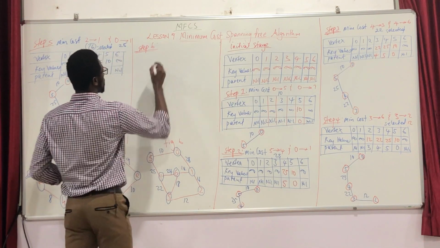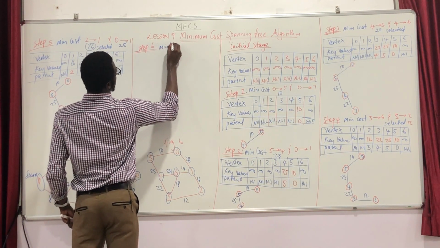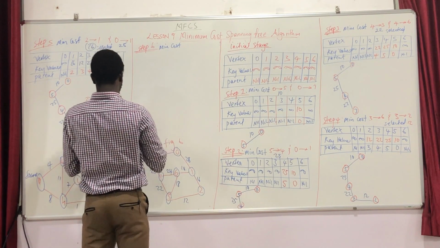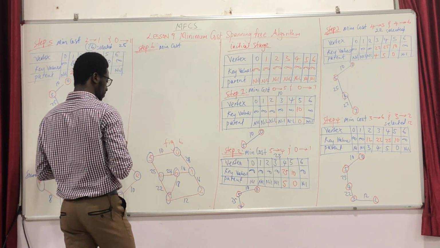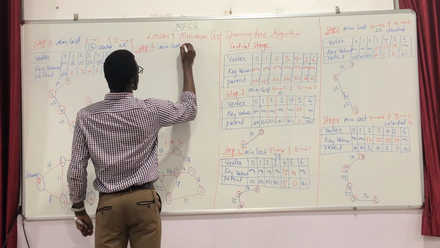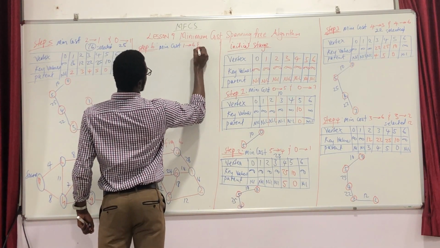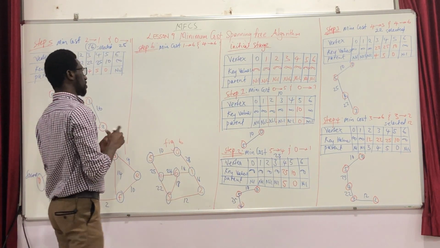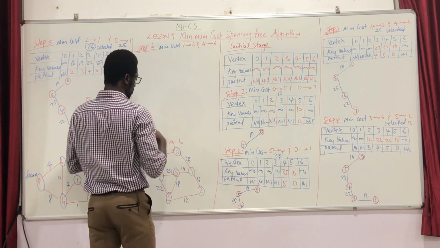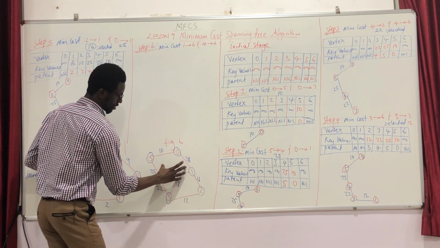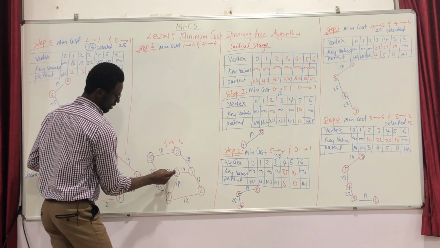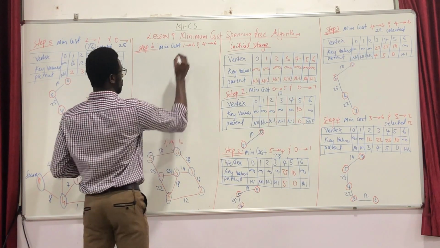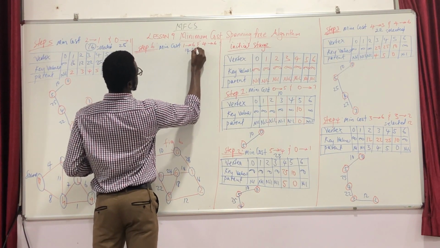So we'll say minimum cost, 1 to 6 and 4 to 6. So 1 to 6 has 14. So 1 to 6 is selected because it has the minimum cost, which is 14, whereas 4 to 6 has 24. So 1 to 6 with 14 is selected.